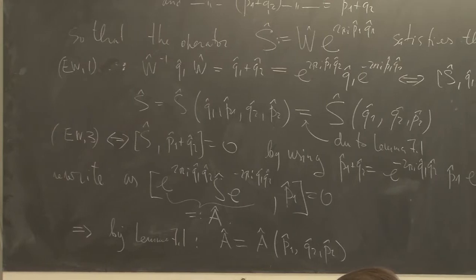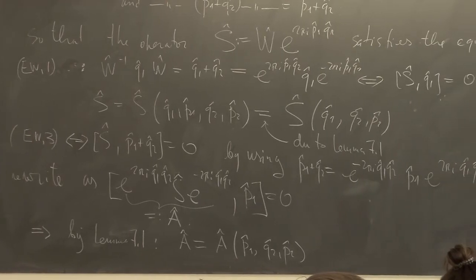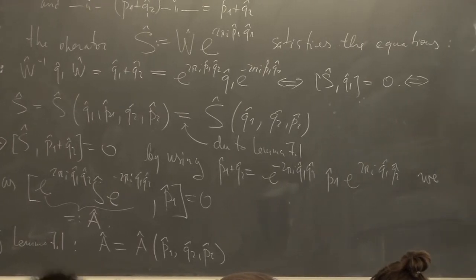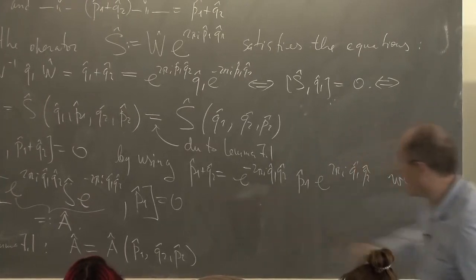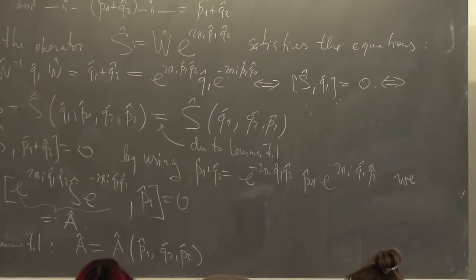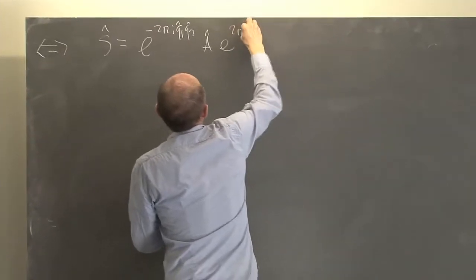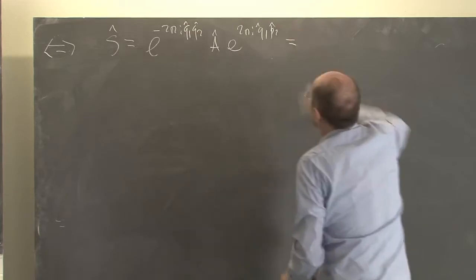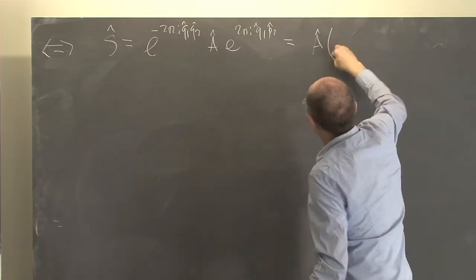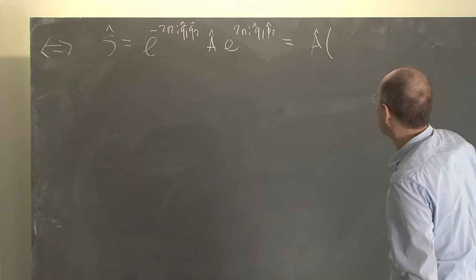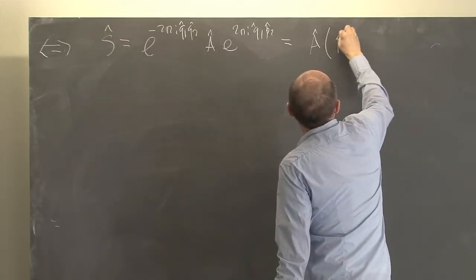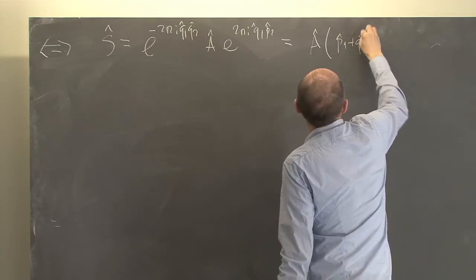So equivalently, S equals E minus 2 pi I Q1 Q2 A E 2 pi I Q1 Q2, where A is now, I keep this functional notation, a function of Q1 P2. So we conjugate P1, which becomes P1 plus Q2.